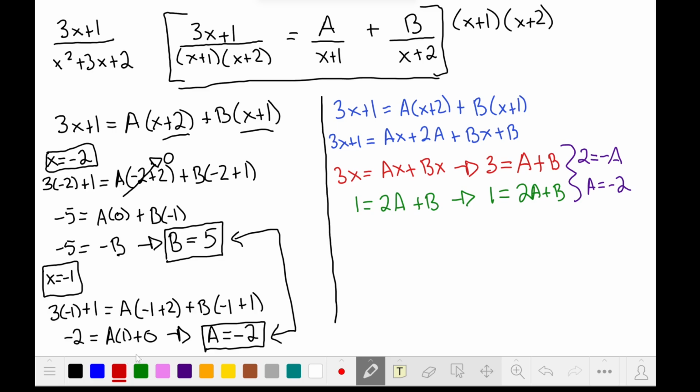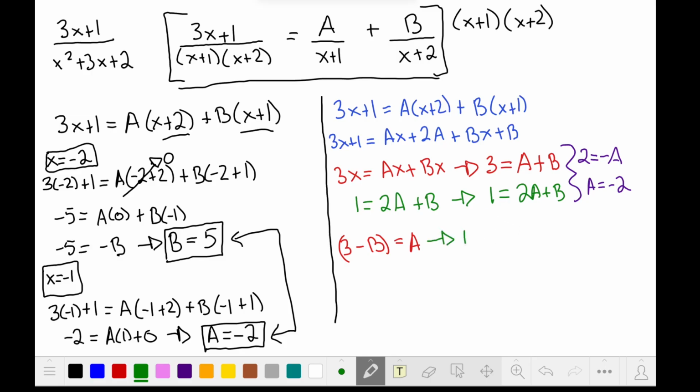So let's take a look at that red equation and let's solve it for a. So I've got 3 minus b is equal to a. That's the red equation, just moving b over to the other side. And then I'm going to plug this value of a into the green equation.